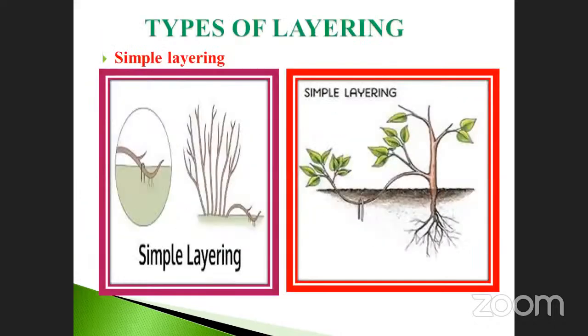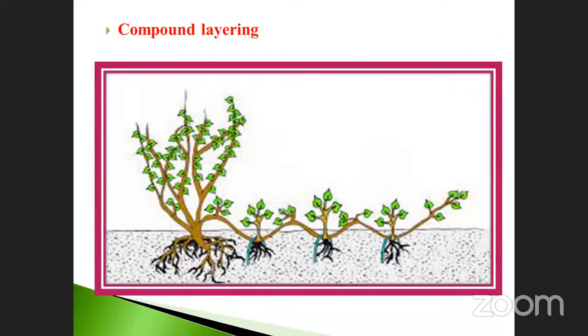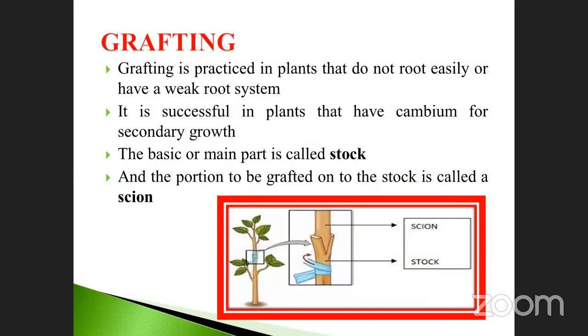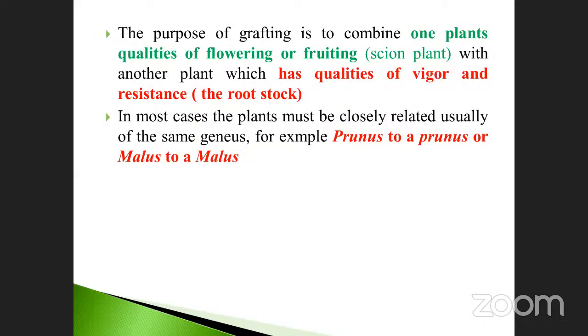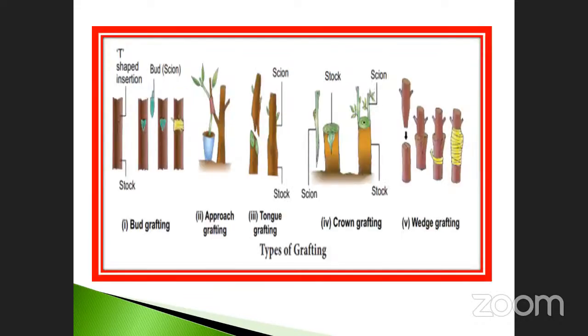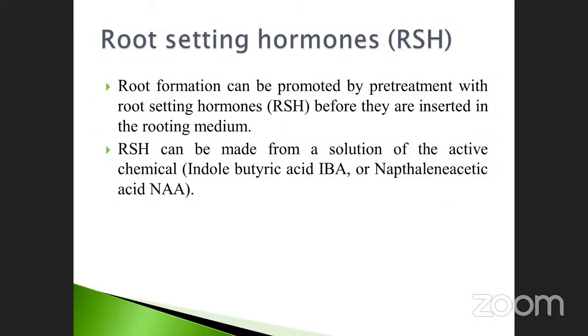So in our lab, grafting and also what is scion, what is stock. All those things we already discussed. And the next one is root setting hormones. What are the root setting hormones we already discussed?